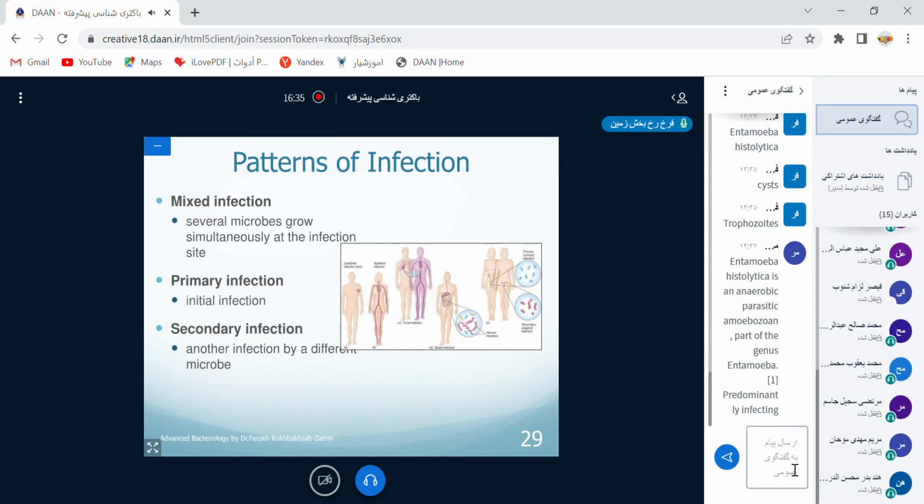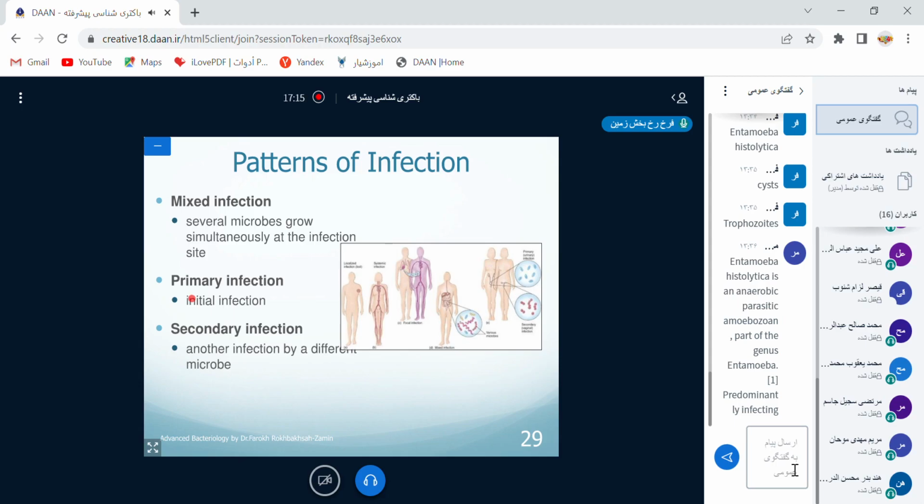So when Entamoeba histolytica attacks the intestine, it is a primary infection. But after some time, many bacteria can go there also, and they cause problems there. So now it is a secondary infection. Secondary infection: another infection by a different microbe.